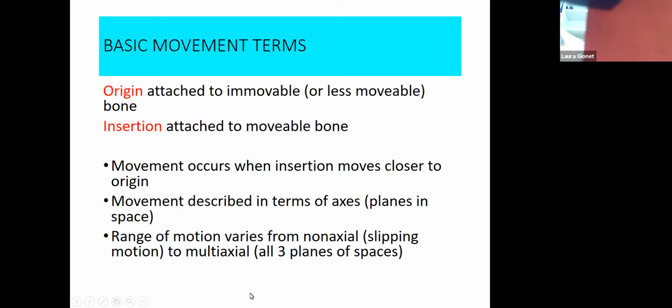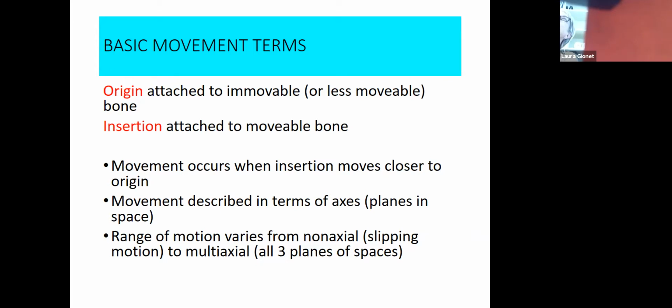Okay, basic movement terms. We have origin and insertion. So when we look at origin and insertion, especially with the muscles, we have 2 ends of the muscle, sometimes more than that. You can have multiple insertions or multiple origins. However, when that muscle contracts, and you're trying to isolate just the movement of that one muscle, what kind of motion would it produce?